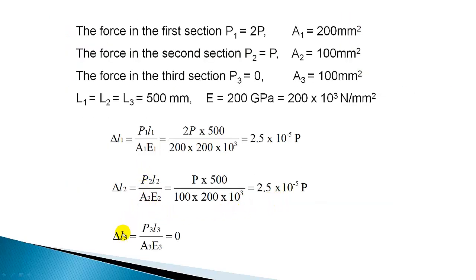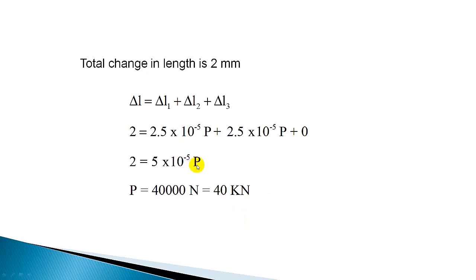Now delta L3, since P3 is 0, there is no force acting in the portion CD. P3 is 0. So the elongation in that portion is 0. So total elongation is going to be summation of all these, and delta L3 is 0. So it is delta L is delta L1 plus delta L2.